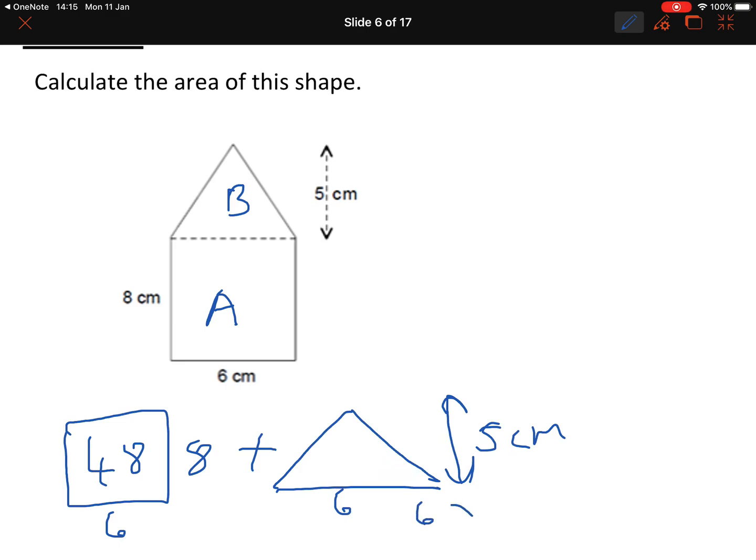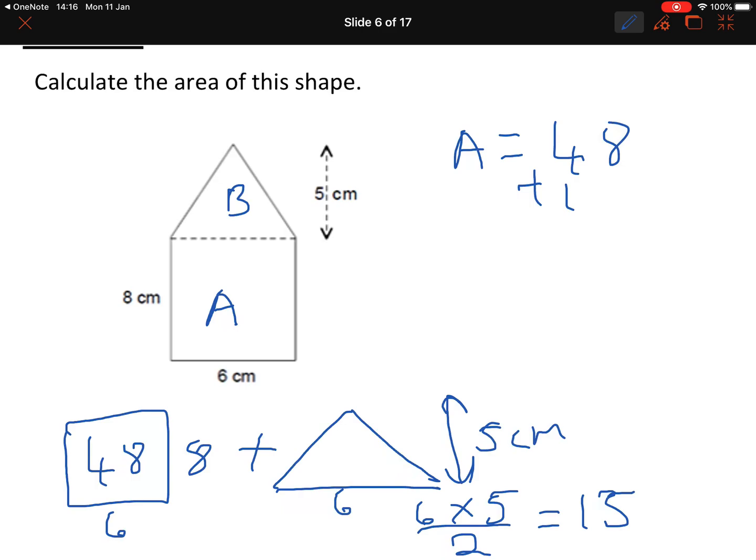So the area, I'll do it on the outside, is 6 times 5, and then you halve it. 6 times 5 is 30. Half that is 15.